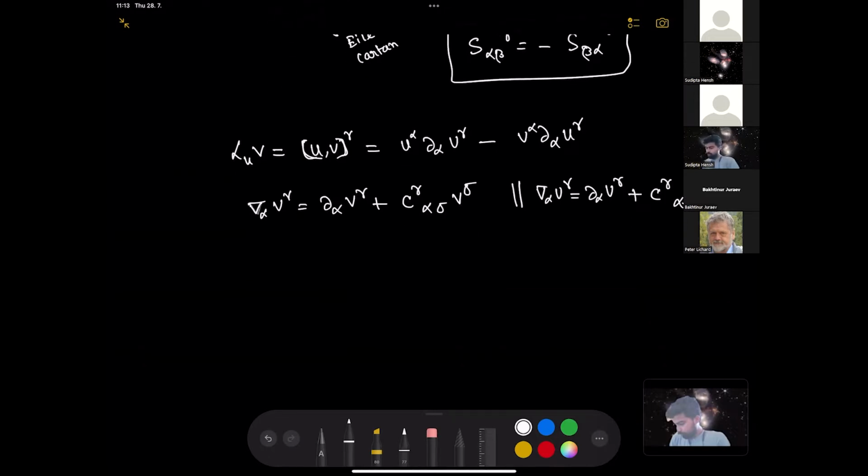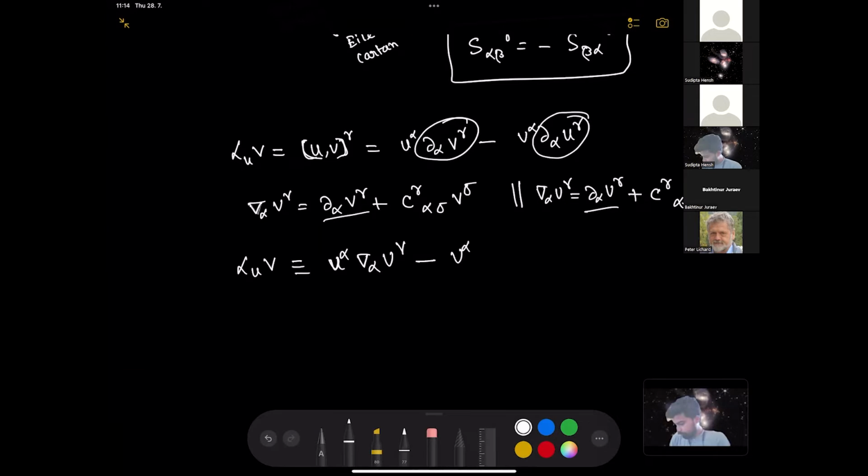and if we substitute this part, basically ∂_α U^γ and ∂_α V^γ, from this expression, then we have to do a few steps, and we arrive at u^α ∇_α v^γ.